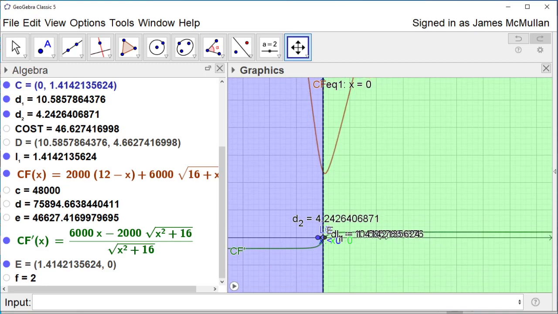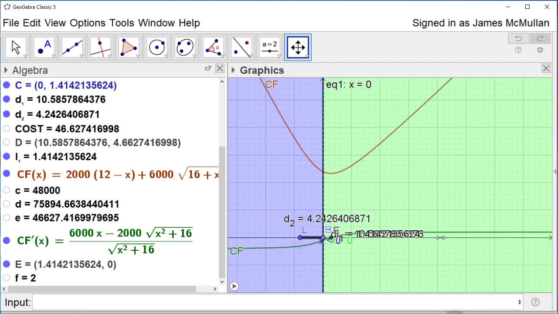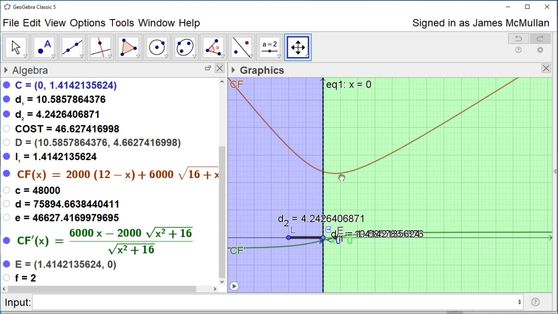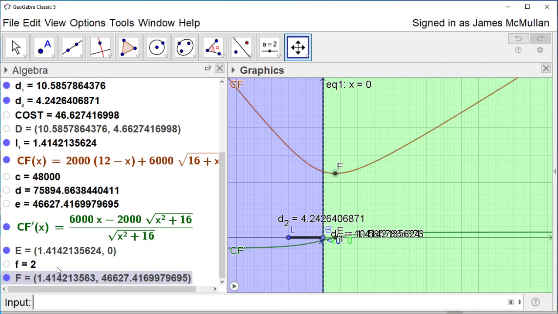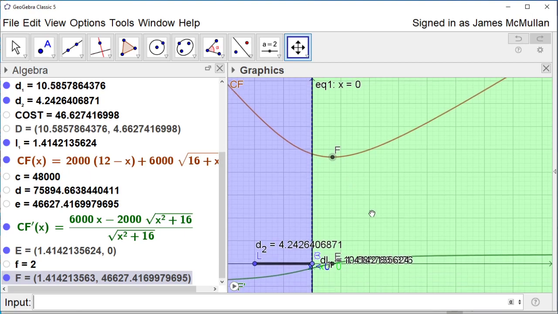So there's the cost function in brown. Stretch it out a little bit, and you can see that it has a minimum. It has an absolute minimum right there. So we'll write minimum CF between 0 and 12. It locates a minimum at root 2 and 46,627.42 cents. So that's the ideal spot to draw.